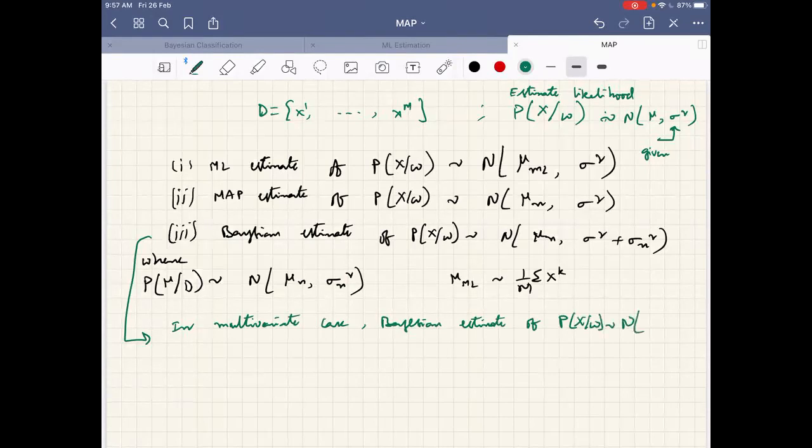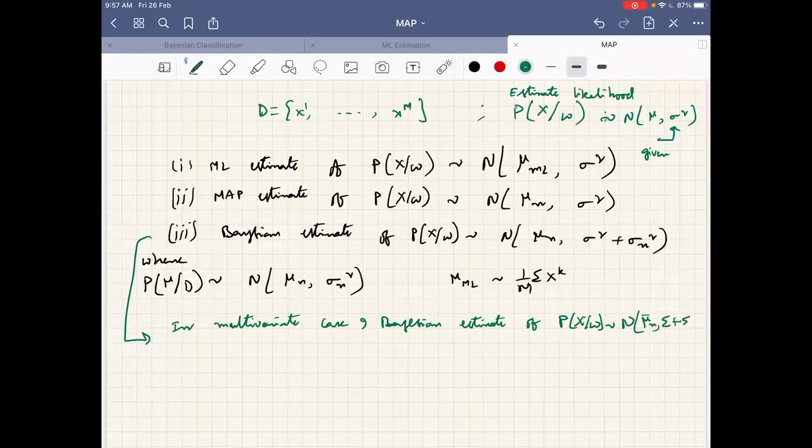Can one of you guess what will happen to the multivariate case? Yes or no? Any answer? See, in the multivariate case, most of the times, they fall in line with the univariate case, even though the derivations are tedious. So what do you think will happen?